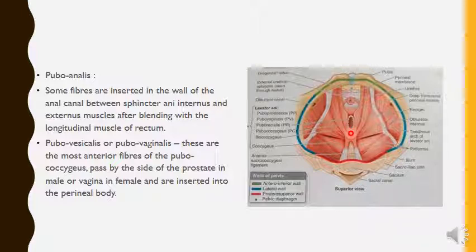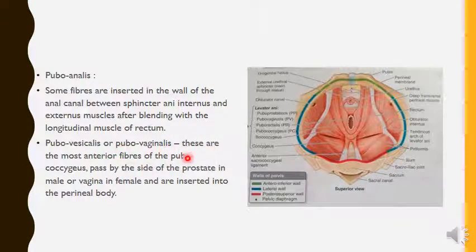So that forms the puboanalis muscle, or puboanalis part of the pubococcygeus muscle. And these puboanalis fibers, after getting attached, blend with the longitudinal muscle fibers of the rectum.